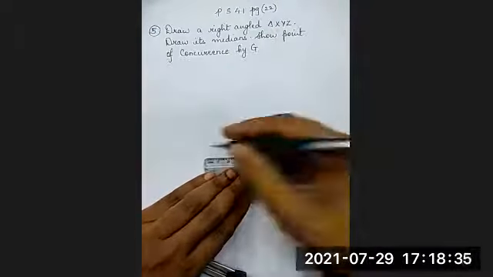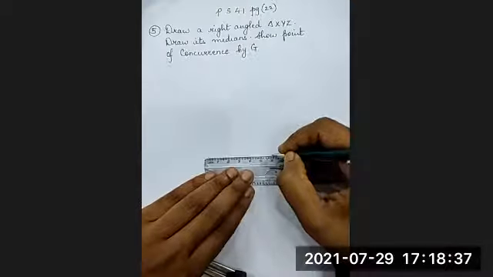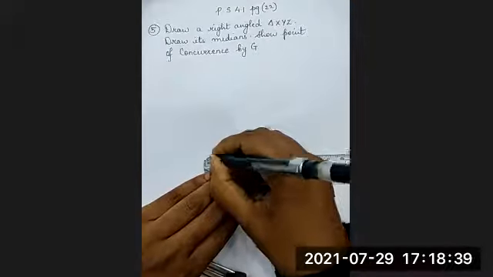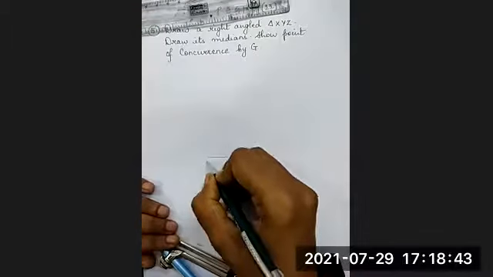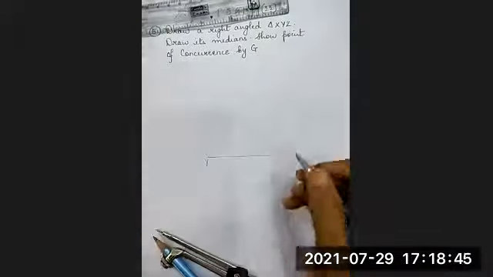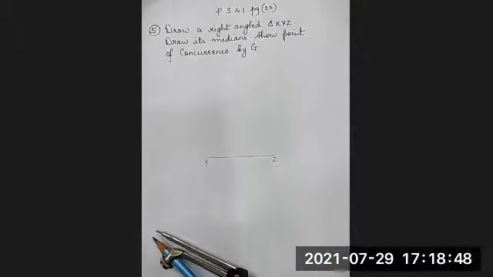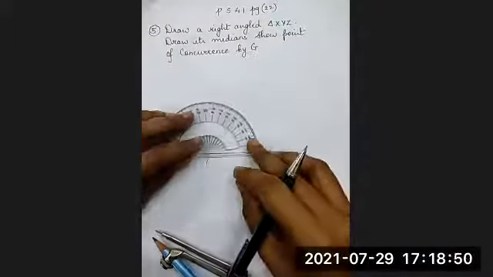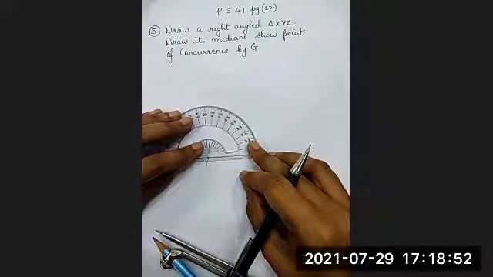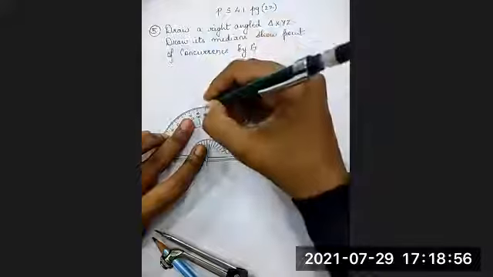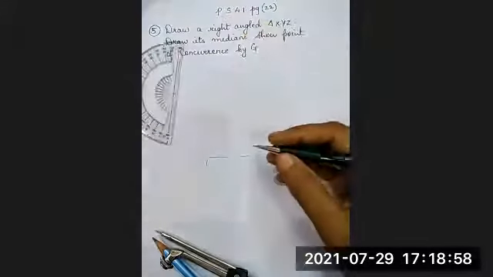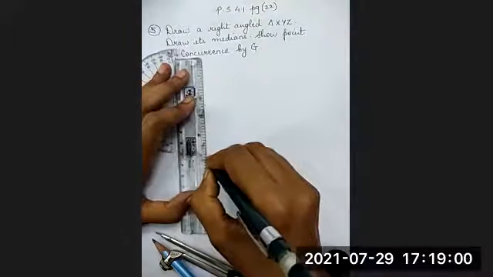I will first draw a 6 centimeter line like this. I will name it Y and Z. Now it is a right angle triangle. It means I have to measure 90 degrees with the protractor. So I will keep the protractor on point Y and measure 90 degrees, and I'll draw a line.